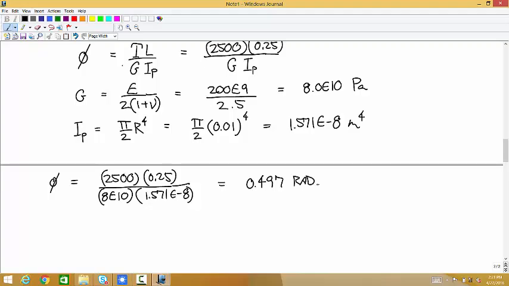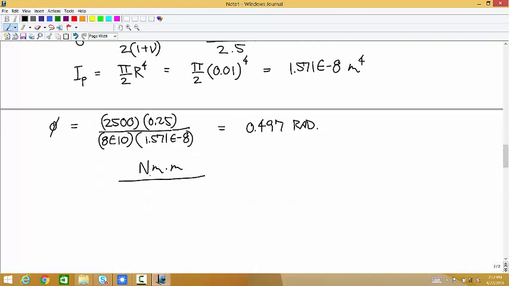How do we get radians? If you're talking about units, let's see, so this is Newton meters. This is meters. So let's write it out. Newton meters times meters divided by pascals, so this is Newtons per meter squared.